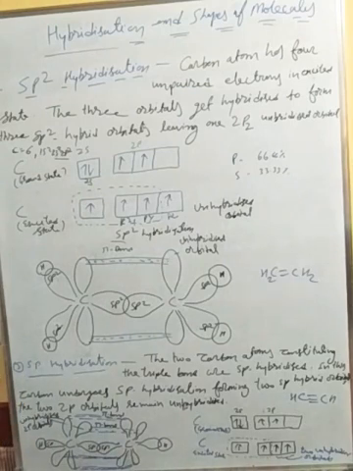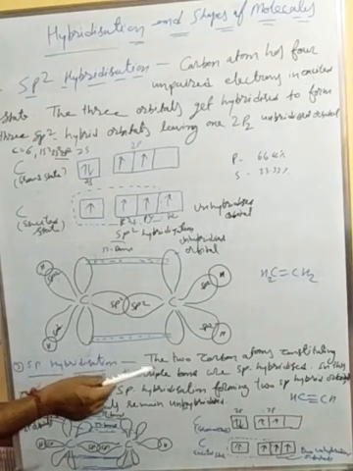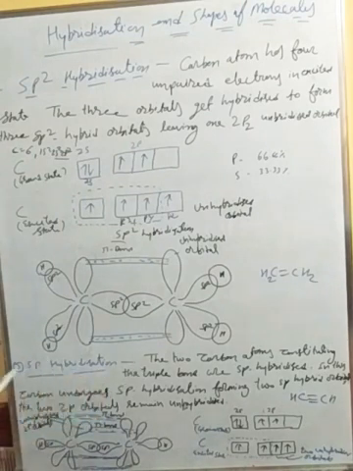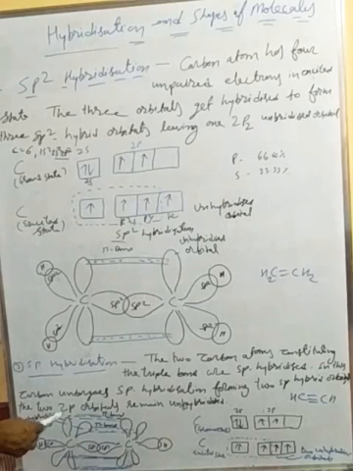If there is a triple bond, of course there will be sp hybridization. Two sp hybrid orbitals form, and two 2p orbitals remain unhybridized.